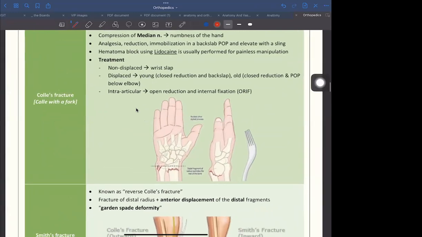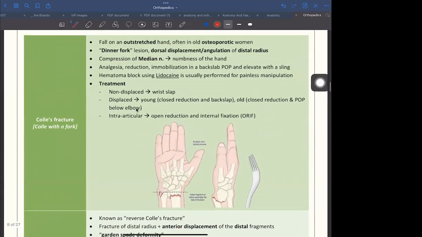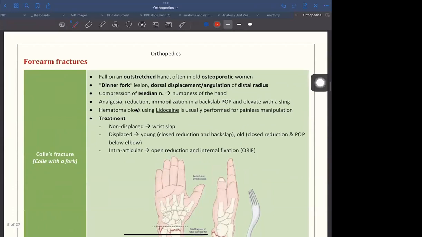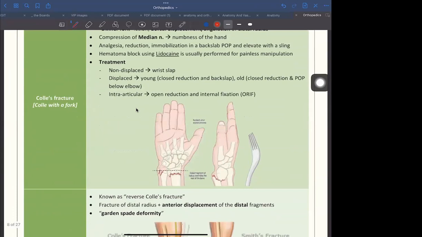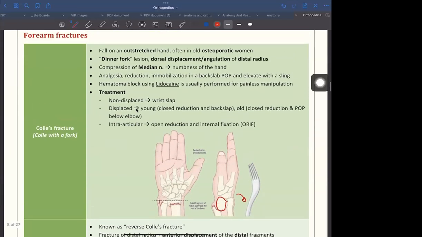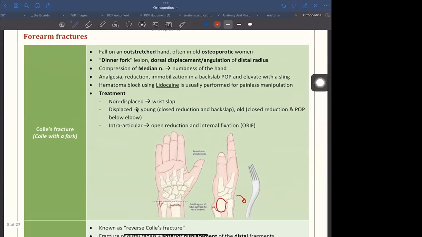So Colles' fracture, both of them are fractures of the distal end of the radius. So basically, when you have a fall on an outstretched hand, specifically in an old osteoporotic woman, it will be presented to you by a dinner fork. So the distal end of the radius will be dorsally deviated backward. This is called the dinner fork deformity.